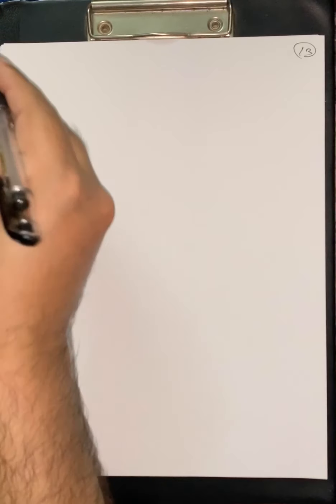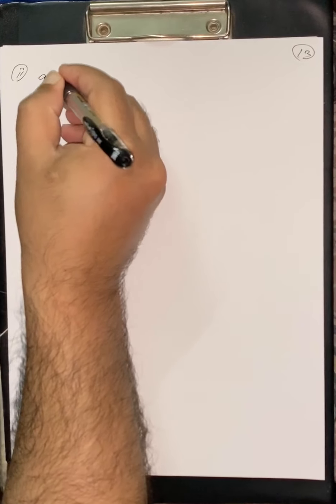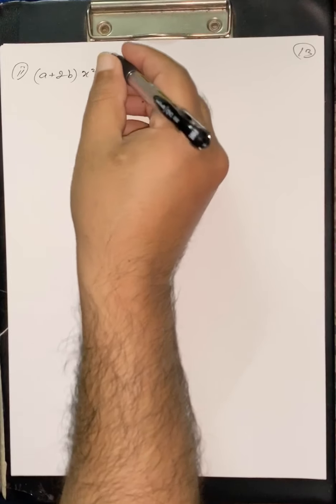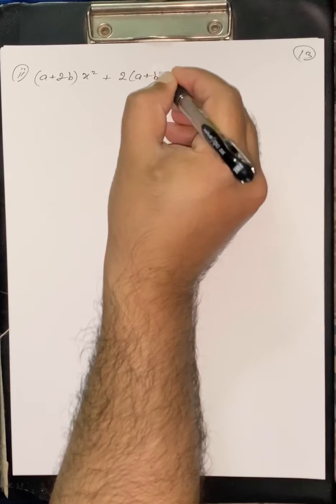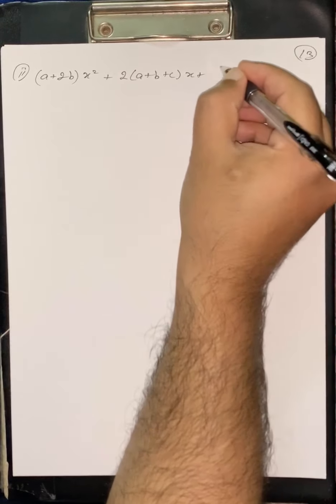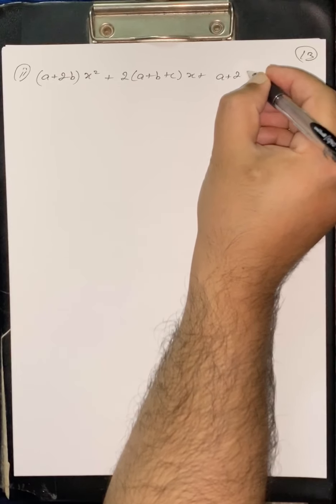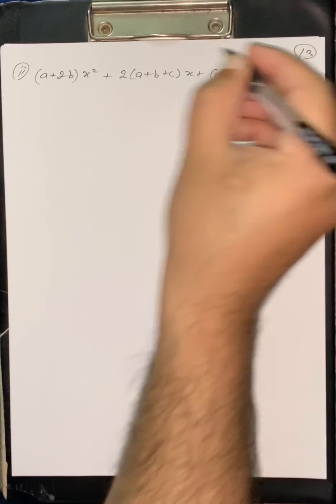Next part of this question, part number 2. The given equation is (a plus 2b) x square plus (2a plus b plus c) x plus (a plus 2c) equal 0.